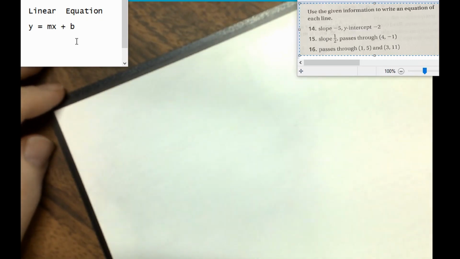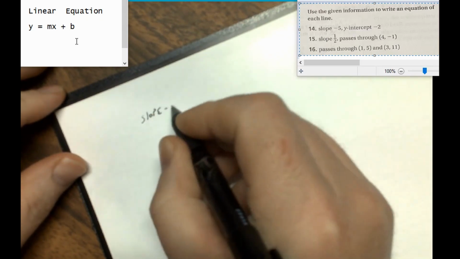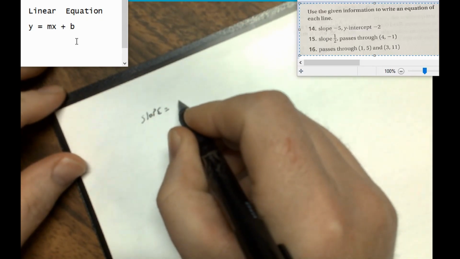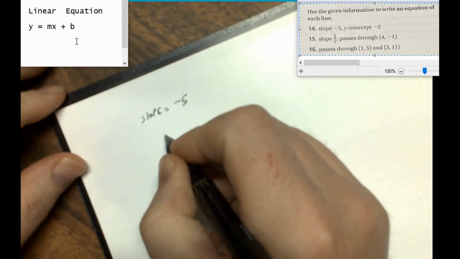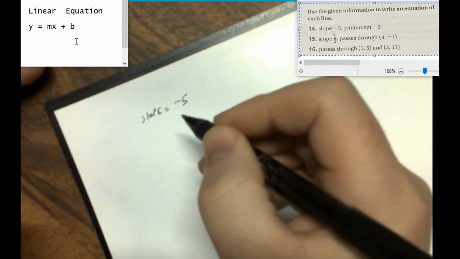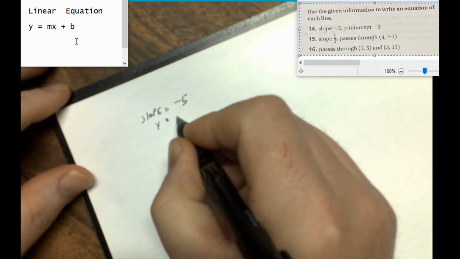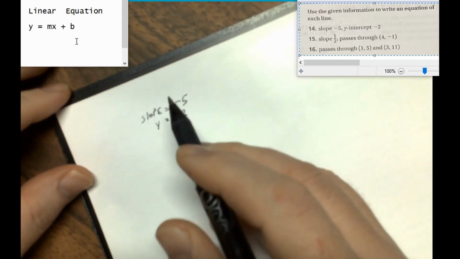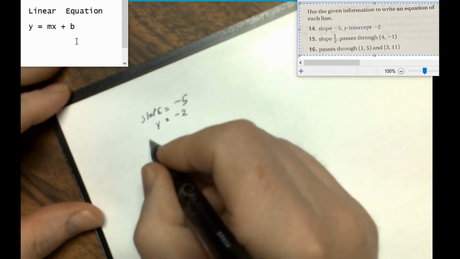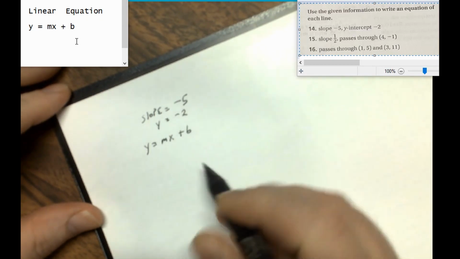All right, number 14, the slope is given to us as negative 5, and we're also given the y-intercept, the y-coordinate, of negative 2. Now, our linear equation is y equals m times x plus b.